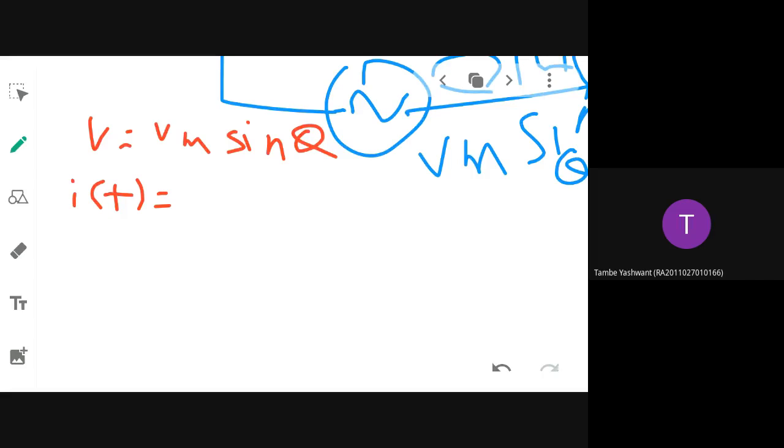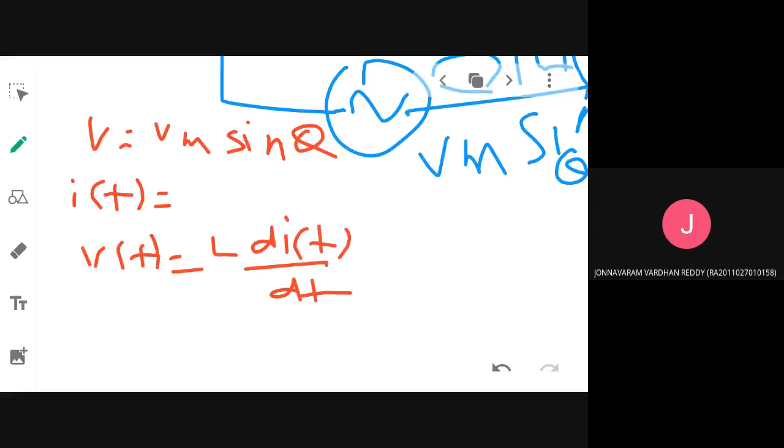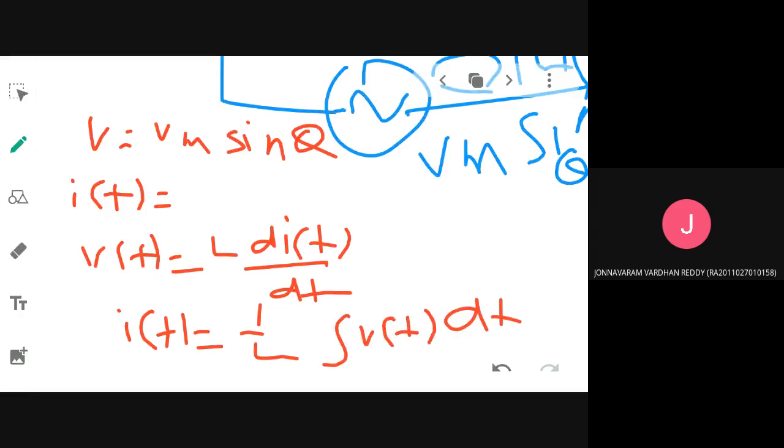V of t is equal to L into di by dt. So from this, what is my I of t? I of t is 1 by L into the integral of V of t into dt. Yes or no? This is how I will be relating voltage and current for what element?